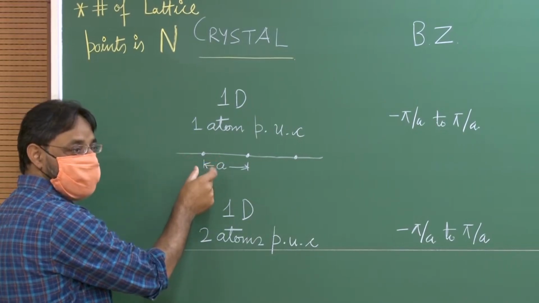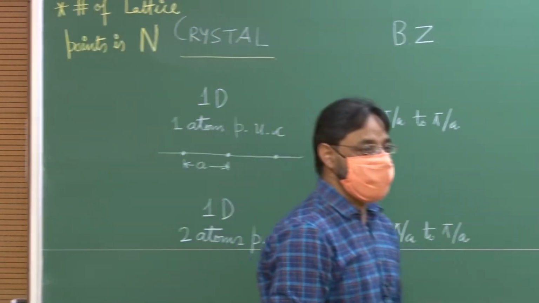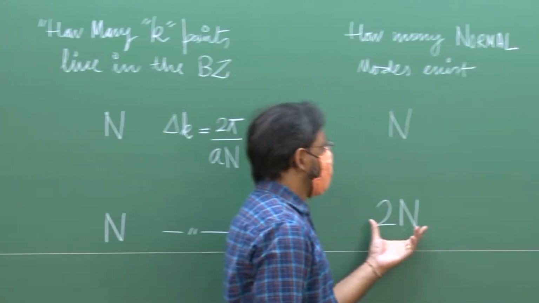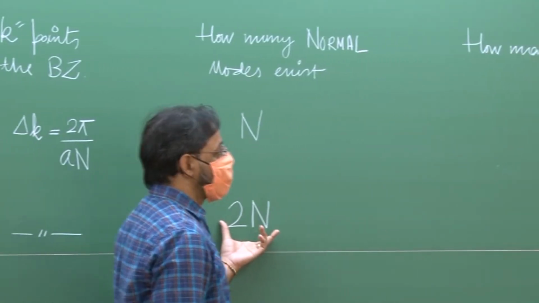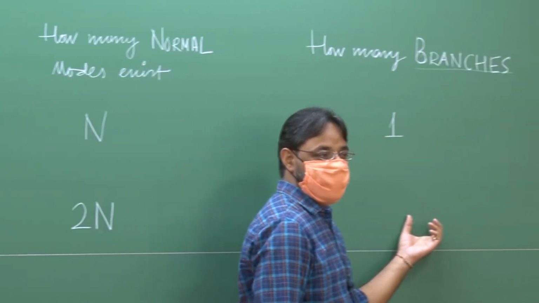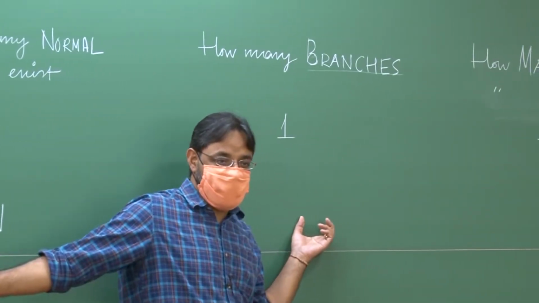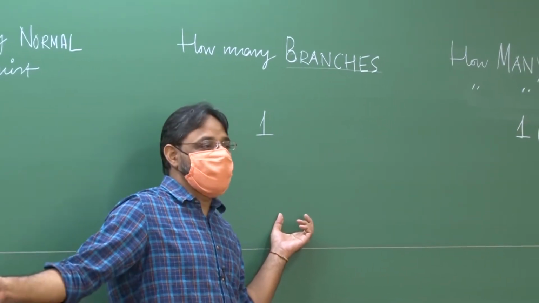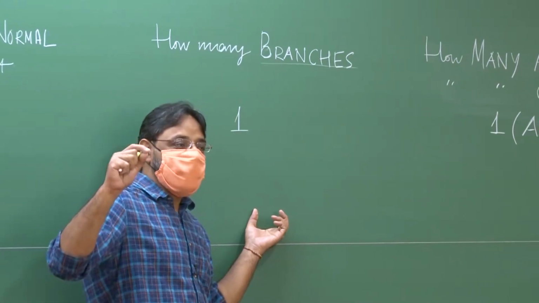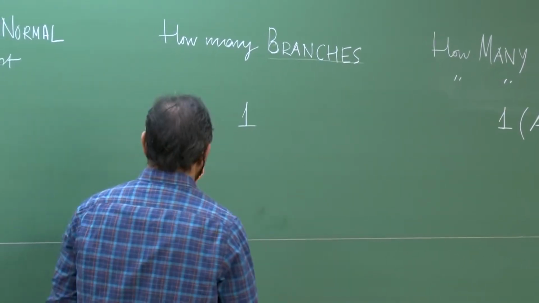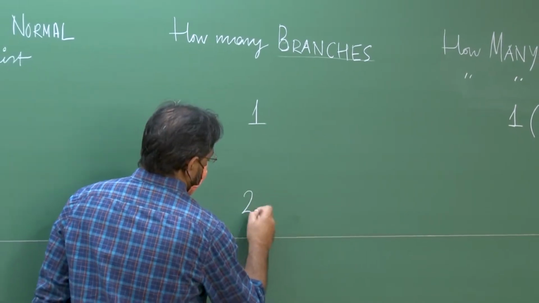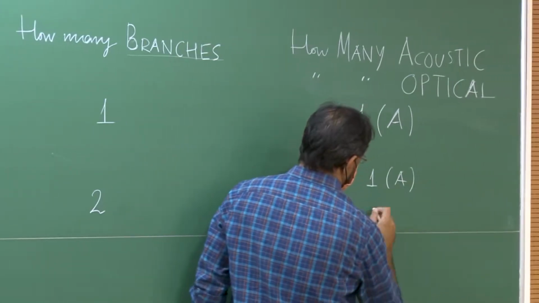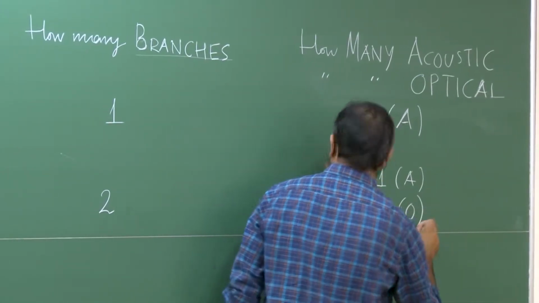So, in principle you have 2 degrees of freedom, or since there are N atoms, you have 2N degrees of freedom, and therefore you have 2N modes, and these 2N modes are distributed over 2 branches. So, the number of k points has not changed. What has changed is that for each k value you have 2 omega values corresponding to the 2 branches, and one of them is acoustic and one is optical.